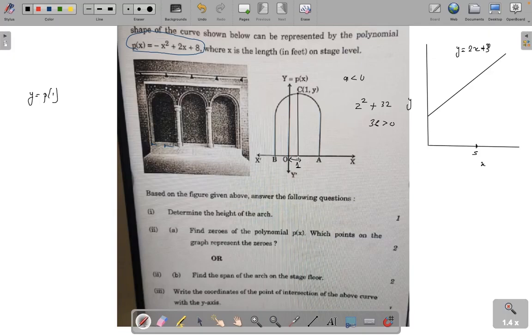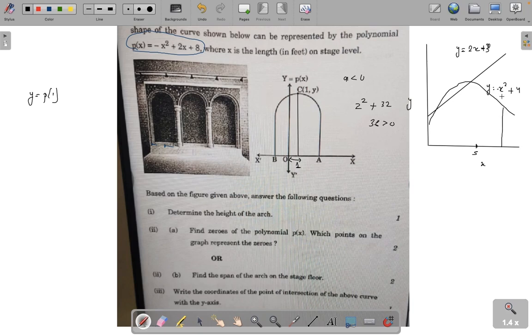Same case is here. If you are given any curve like this, and if you are given the equation of the curve, say y equals minus x square plus 4, and I give you the value of x, can you find the value of y?